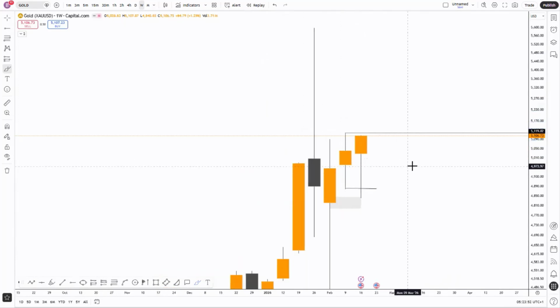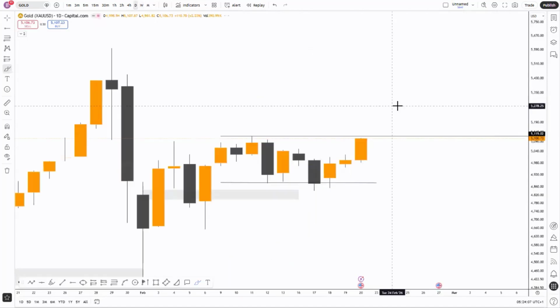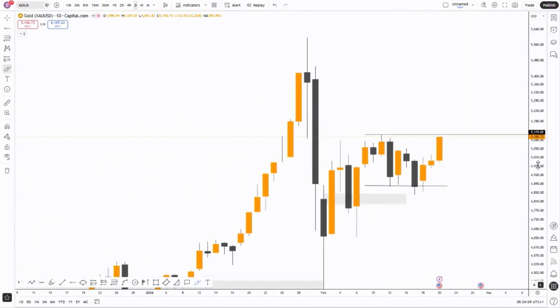But for now, I doubt gold will actually sell to the downside, because sometimes once gold opens on Mondays, it just keeps buying. It barely gives opportunities to rejoin the market. That's one bad habit gold has.